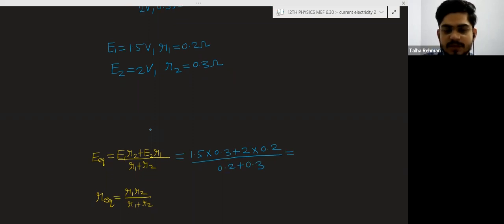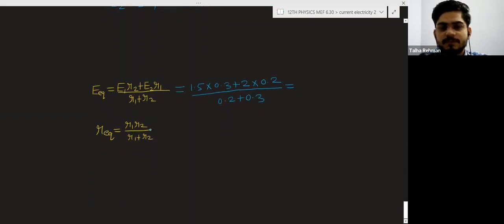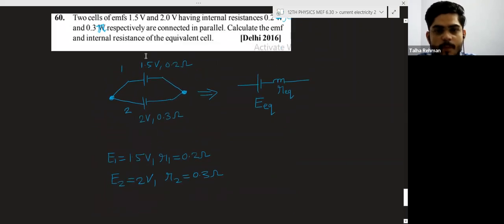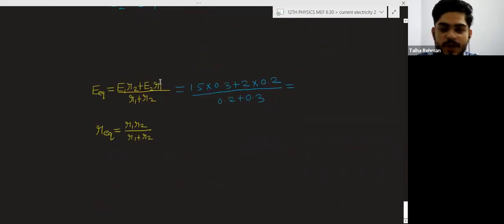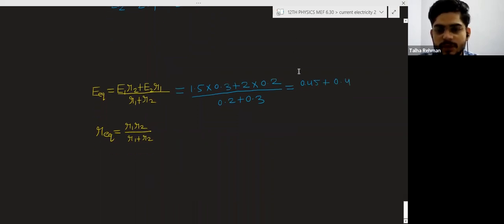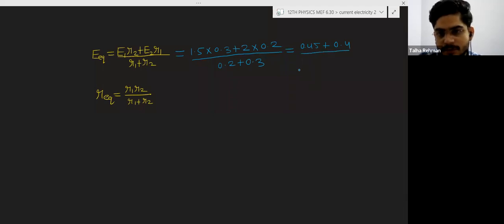You will get the answer: this will become 0.45, and this will become plus 0.4. And here you will get 0.5. This will become 0.95 and this will become 0.5.